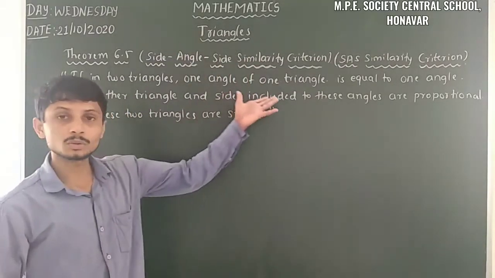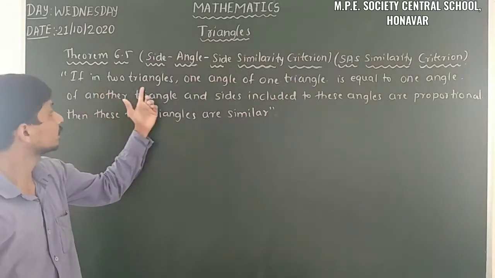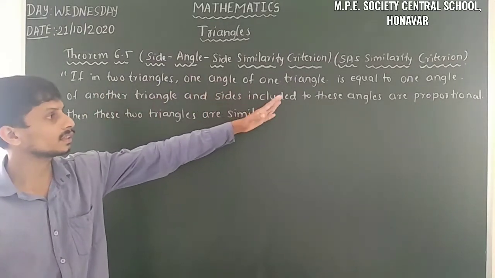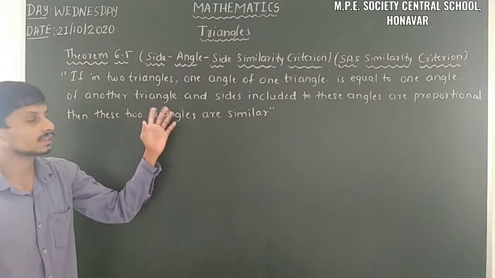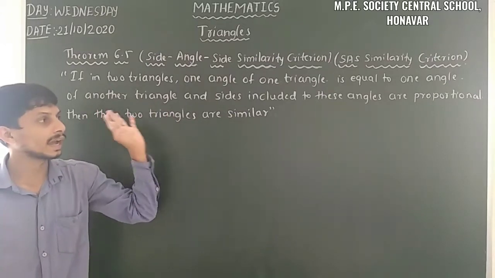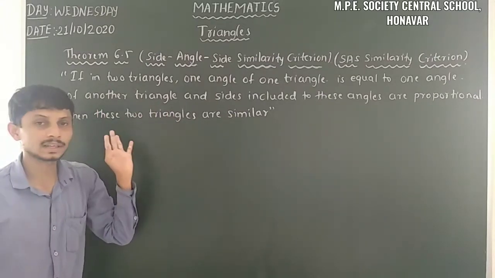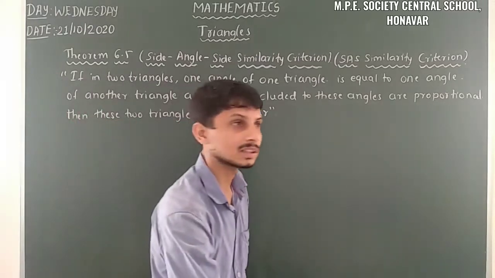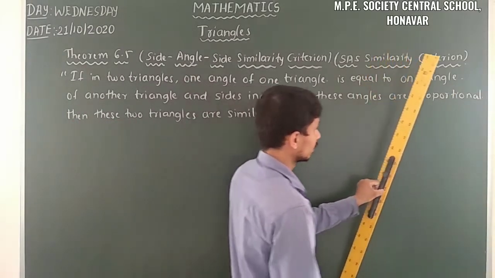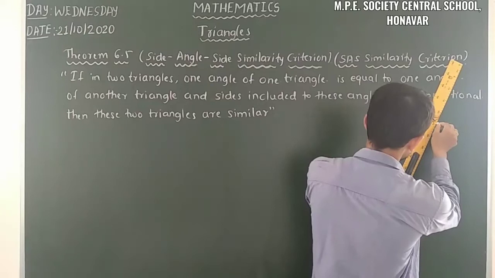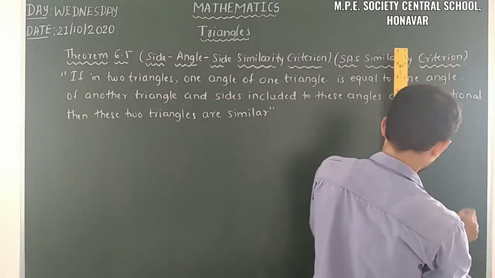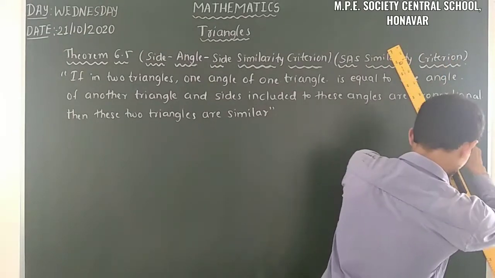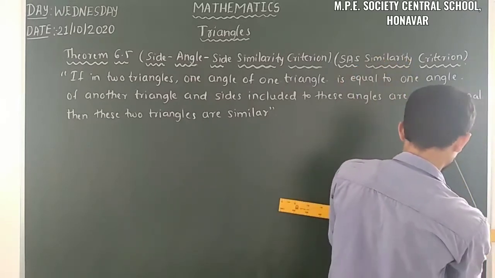So let us take two triangles. If in two triangles one angle of one triangle is equal to one angle of another triangle, and the sides including these angles are proportional, then these two triangles are similar. For that we have to consider two triangles here.